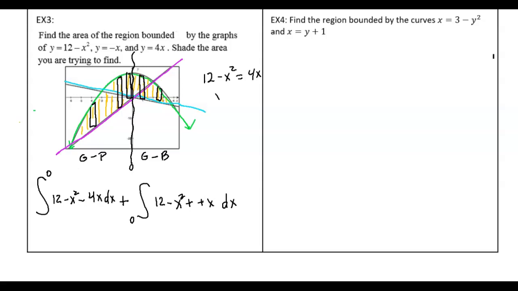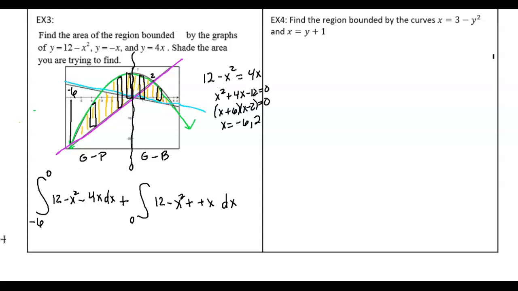And so I'm going to add x squared, subtract 12, factor. So set equal to 0, so negative 6 and 2. So I know this is at negative 6, which it did look like that. And the 2, remember, that's the purple. So this is at 2, okay?